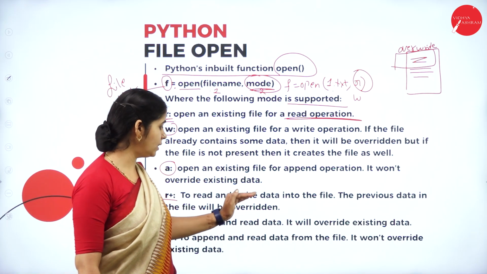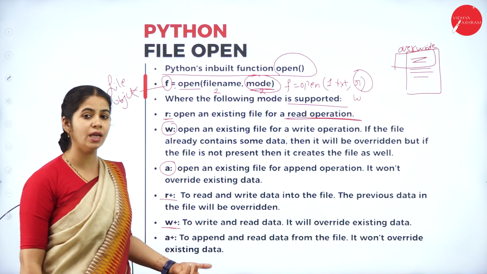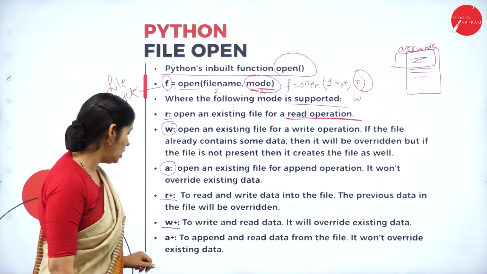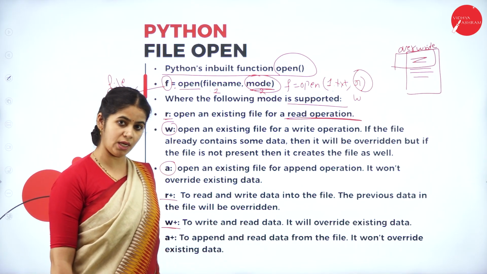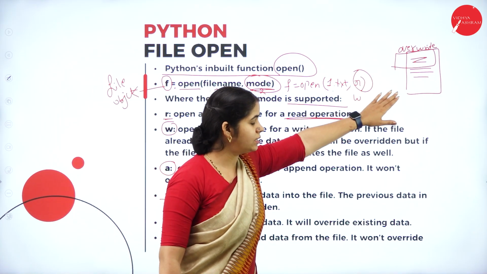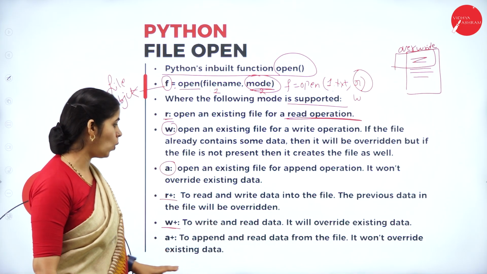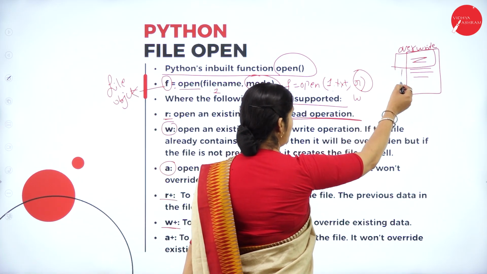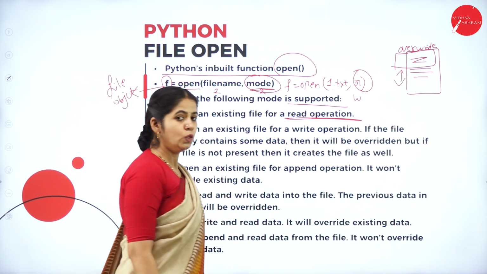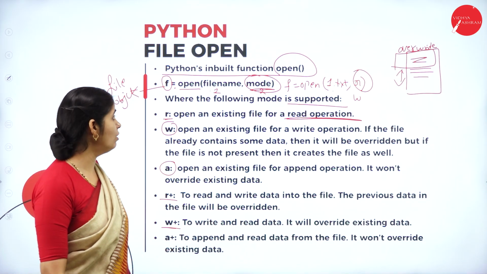First write and then read; it will overwrite existing data. Append plus is to append and read the data. First we add some content and then read the data from the file. It won't overwrite the existing data because it will be appended at the end of the file.